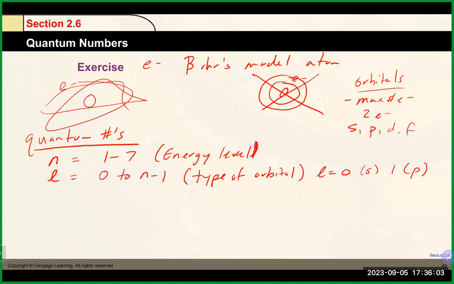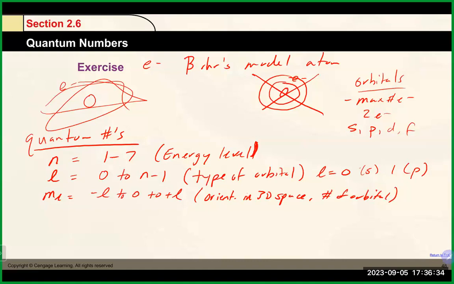Kind of keep counting. And we have m sub L, which runs from minus L to 0 to positive L. For the most part, it gives you your orientation in 3-dimensional space, and it also tells you the number of orbitals in a particular subshell.